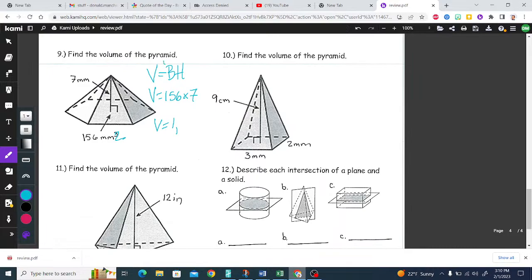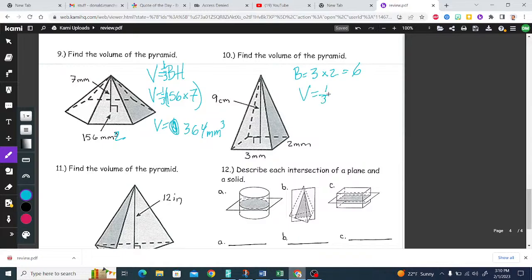So it's 1/3. I forgot that part. So we're going to divide that answer by 3. So that gives us 364 millimeters cubed.